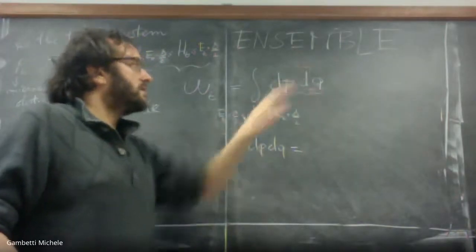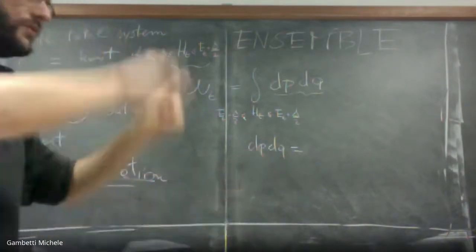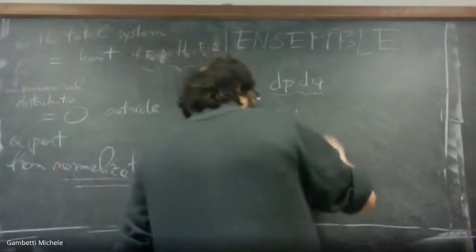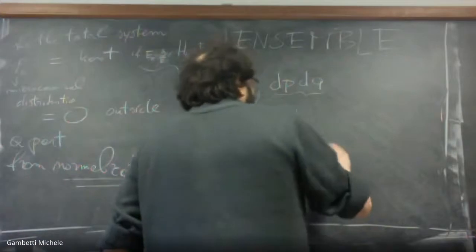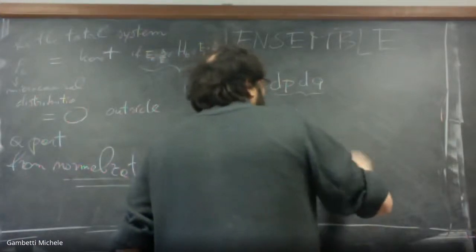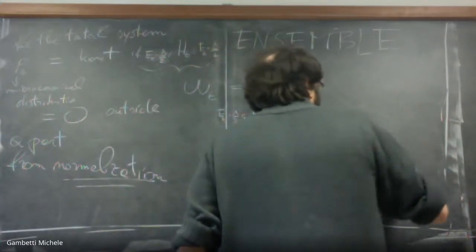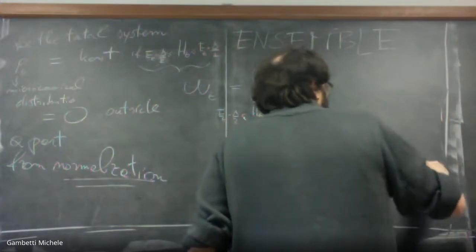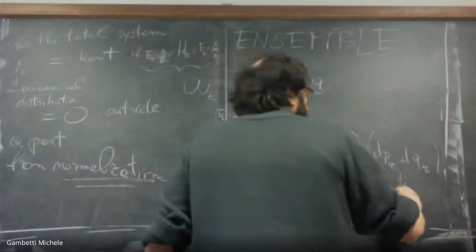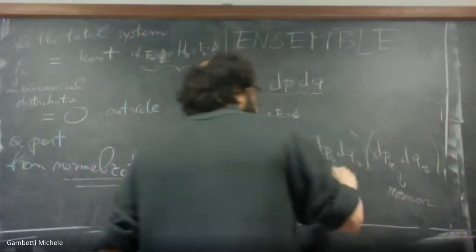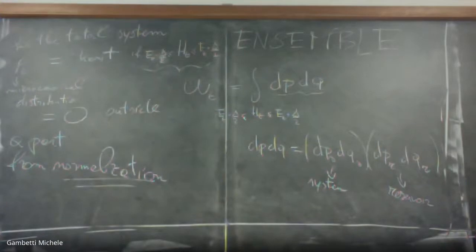It's just the infinitesimal phase space volume of the total system, which can be factorized into a phase space volume of the small system and the phase space volume of the reservoir. This is associated to the reservoir, and this is associated to the system I'm interested in.